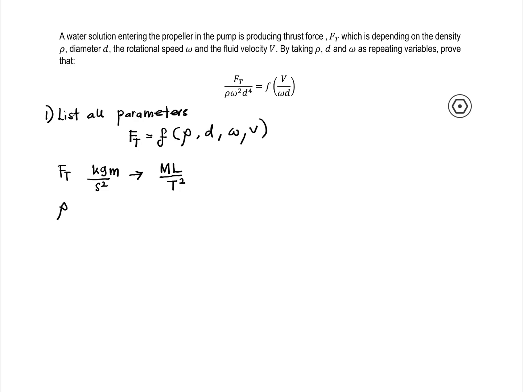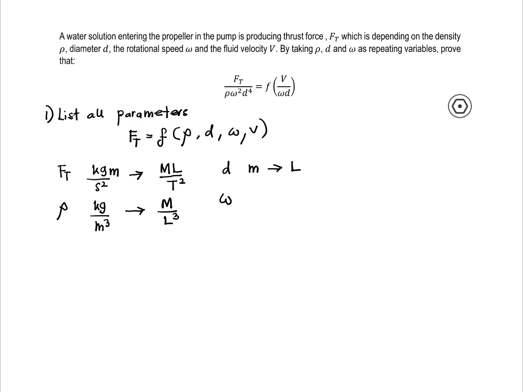Next is rho. Rho is kilogram per meter cube, so the primary dimension for rho is mass over L to the power of 3. Next, the unit for diameter is meter, and the primary dimension for diameter is L. Then omega is a rotational speed.